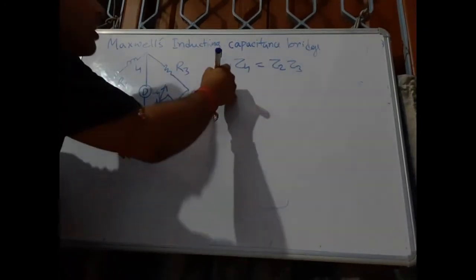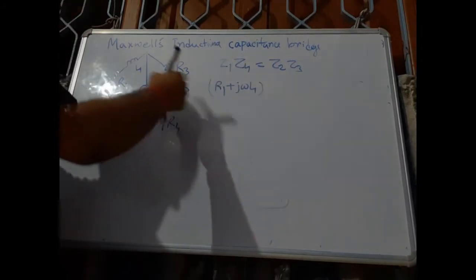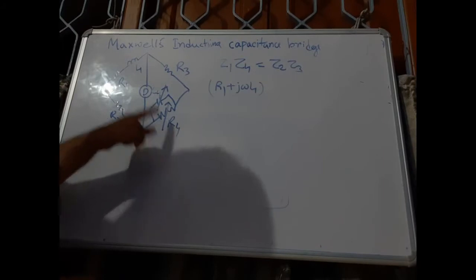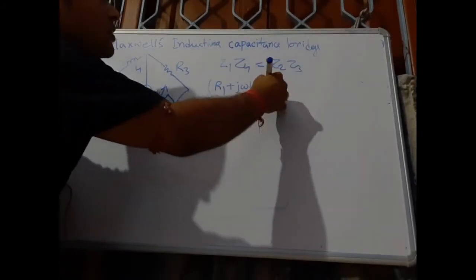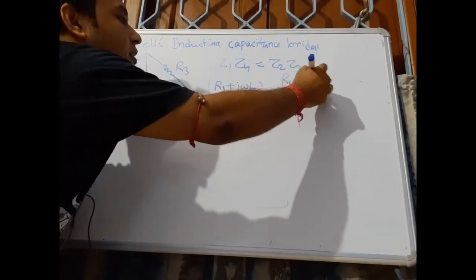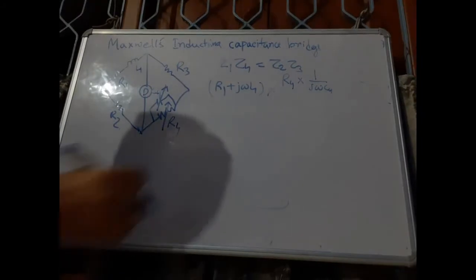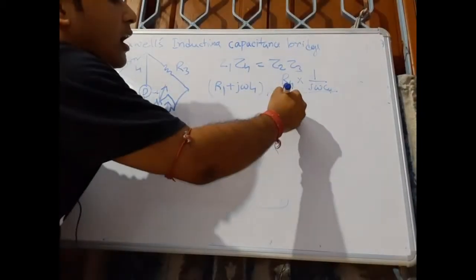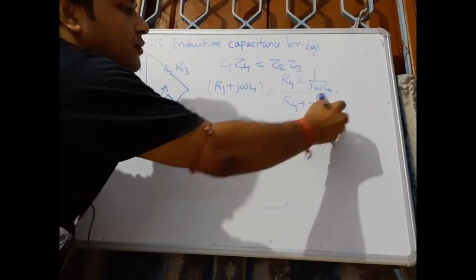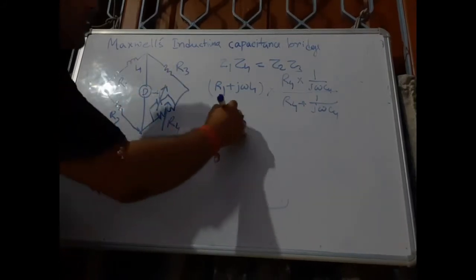So R1 plus j omega L1 is Z1, and Z4 is R4 parallel with the capacitor, which means R4 into 1 by j omega C4 divided by R4 plus 1 by j omega C4, and that equals R2 R3.